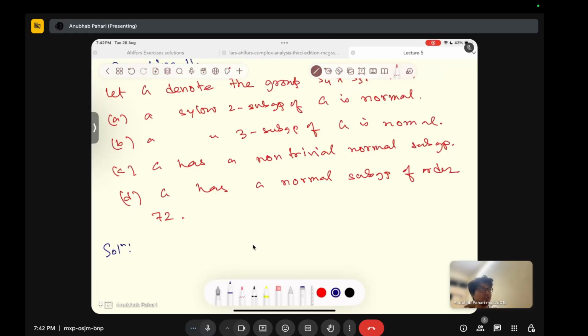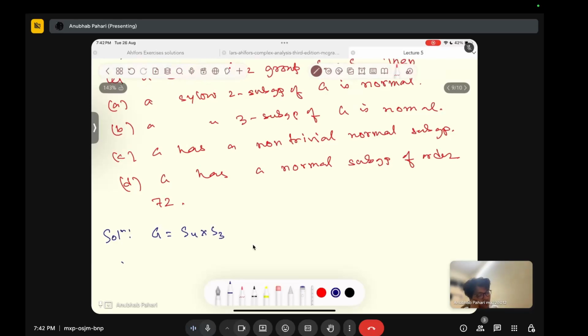Okay, so the group given is S4 cross S3. Now the order of the group, we get 4 into 6 plus, 24. This means this should be, yeah.